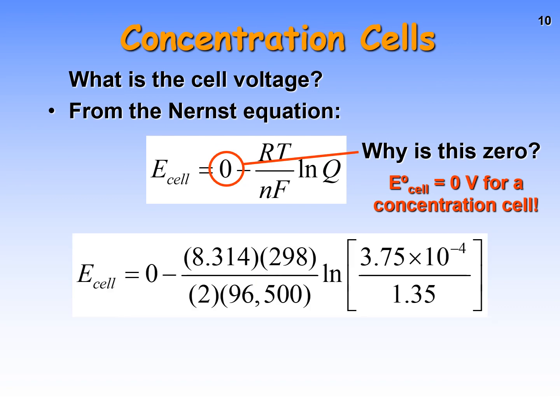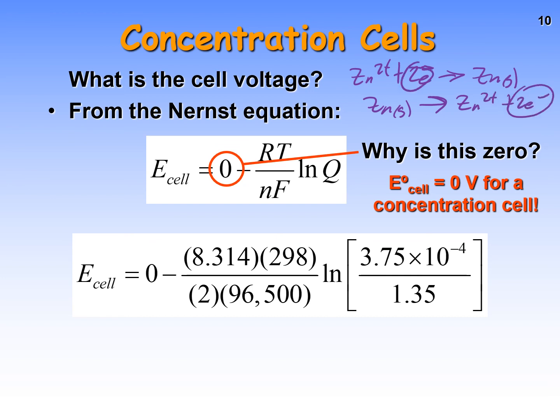So we can plug in. We know that Zn2+ plus 2 electrons goes to Zn solid, and Zn solid goes to Zn2+ plus 2 electrons. Notice that we have 2 electrons being transferred here. That's where this 2 comes from. This is Faraday's constant, and this is our R value. We weren't given temperature, so we're going to assume 25 degrees Celsius.